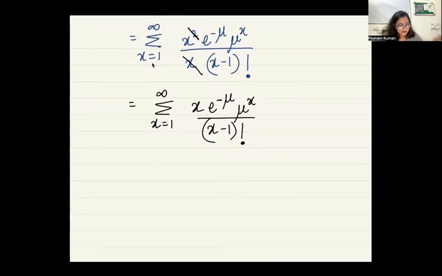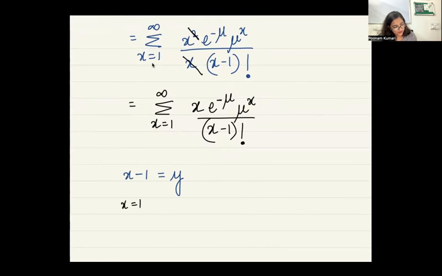Okay, ma'am. Right. Now, let's try to replace again, same thing. What we can do is here, instead of x minus 1, let's just try to replace it with y. Now, whenever x value is going to 1, where is y value going?